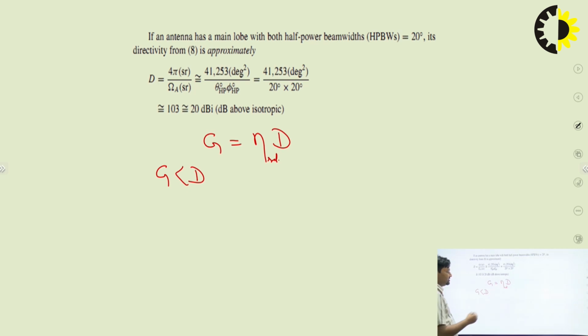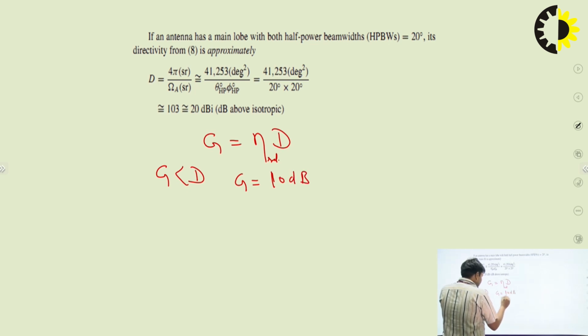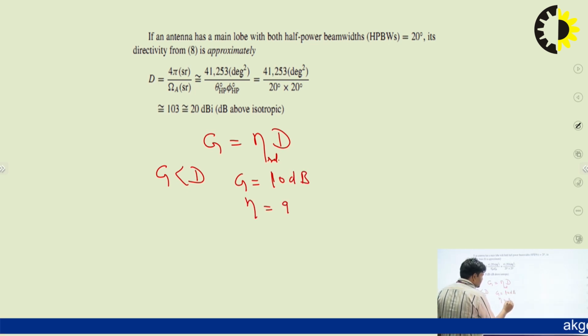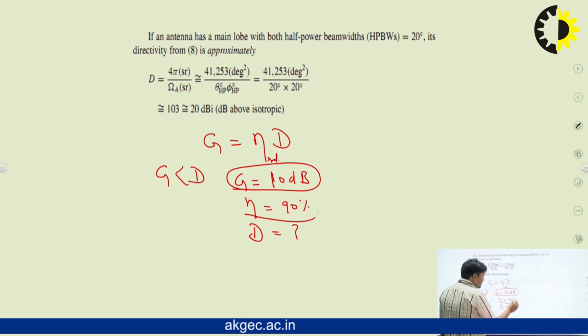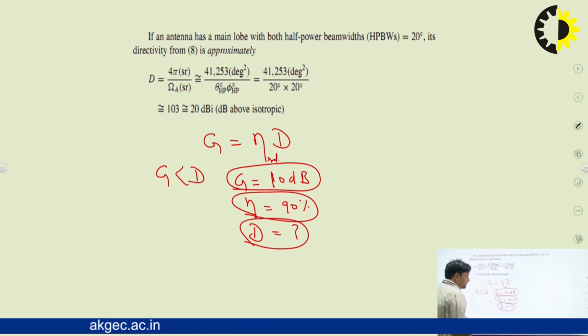This is an important question asked in university exams: if the gain of an antenna is 10 dB and the radiation efficiency is 90%, what is the directivity of that antenna? Here the gain is given in dB and the radiation efficiency is given in linear form, and they ask for the directivity in linear or dB form.